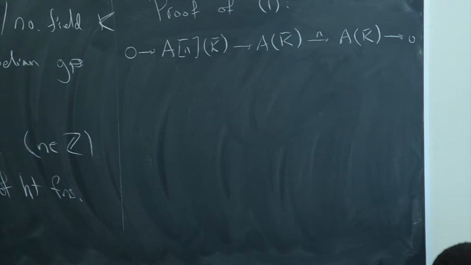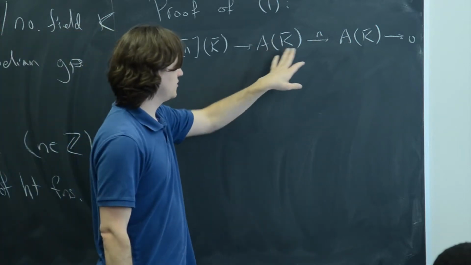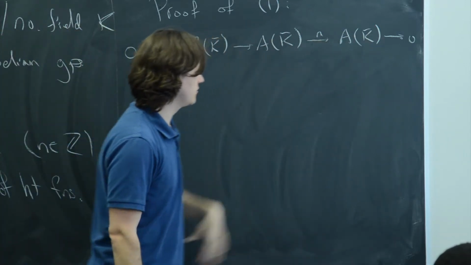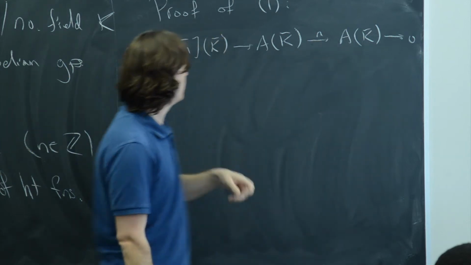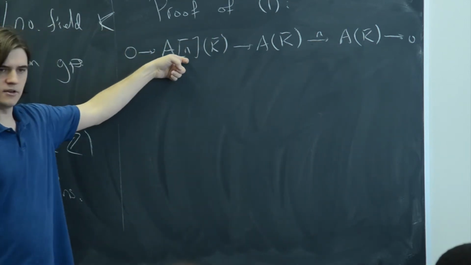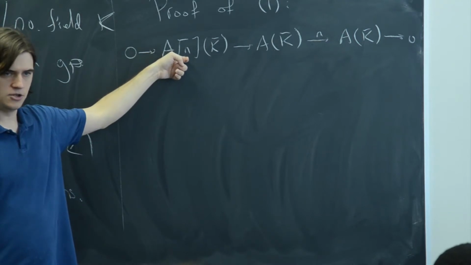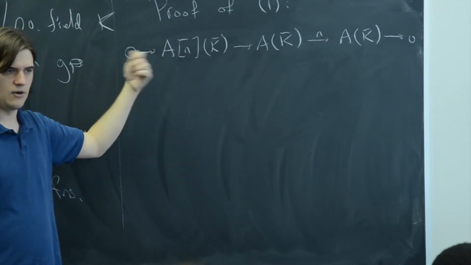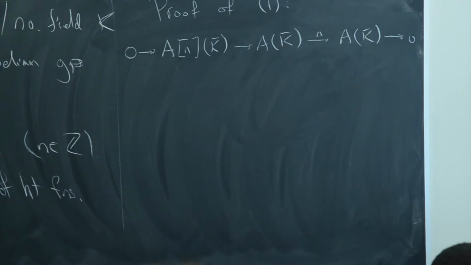Since A is a divisible group, multiplication by n is a surjection of groups, so that's why I have surjectivity here. And then this is just the n-torsion, which is isomorphic to (Z/nZ)^2g. But the important point is it has a Galois action: G_K acts on that. So this sequence is usually called the Kummer sequence.